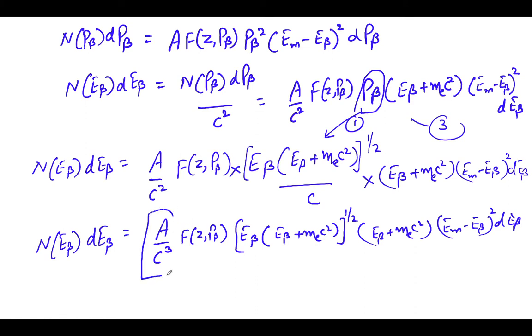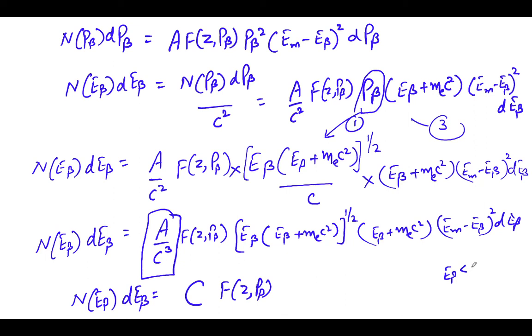So this we can consider as another constant, constant C. So this equation becomes constant C into F(Z, p_β), and since the value of E_β is very small compared to m_e c², these terms get cancelled out.